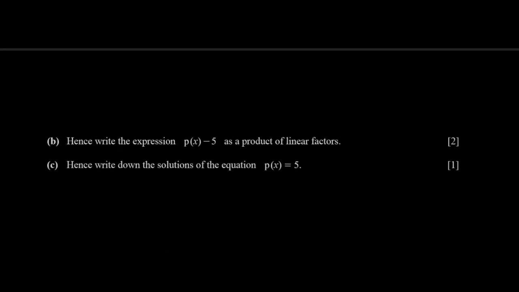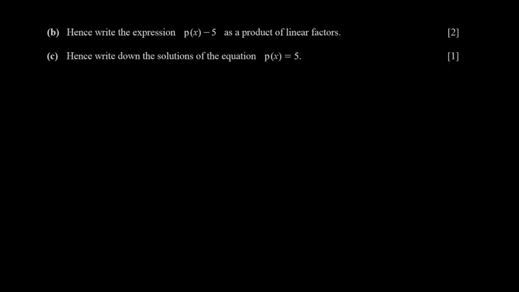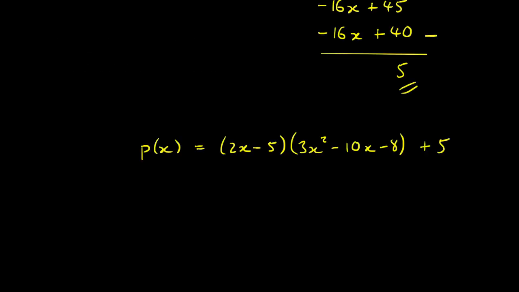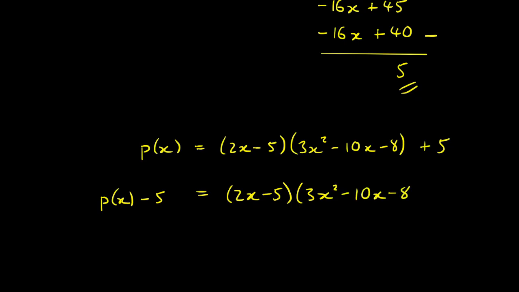Okay, let's go on to parts B and C. Hence, we want to write the expression p of x minus 5 as a product of linear factors. Well, hang on. If p of x is this thing, then all we need to do is subtract 5 from both sides, and we get p of x minus 5 is equal to 2x minus 5 times 3x squared minus 10x minus 8, right?